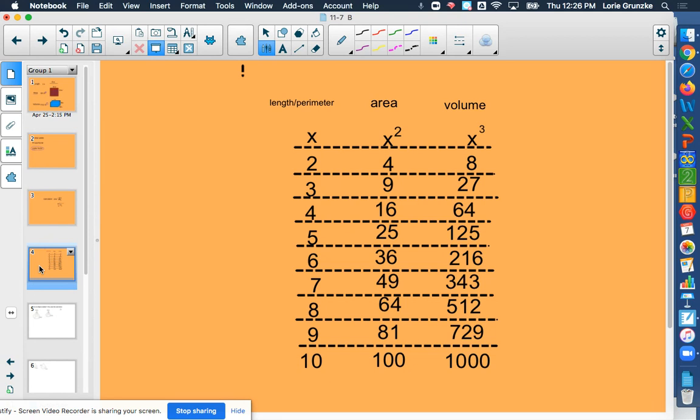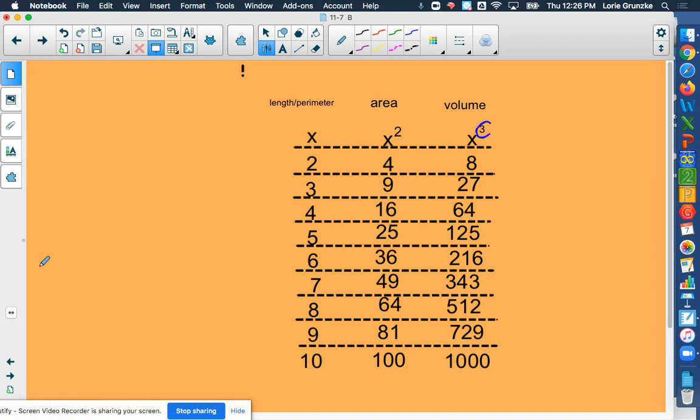I had this table that I was going to have you see. I don't know if you're going to use it much, but if you need to, you can always look back. If I had a 4-inch line and made it into a square, there would be 16. To get 16, it was 4 times 4. If I put blocks into that cube that's 4 by 4 by 4, it's 64. So you keep multiplying by 4.